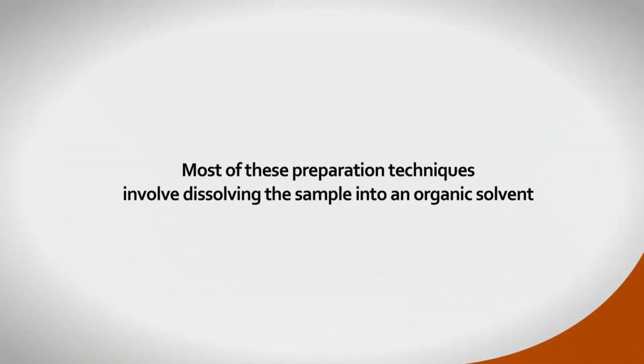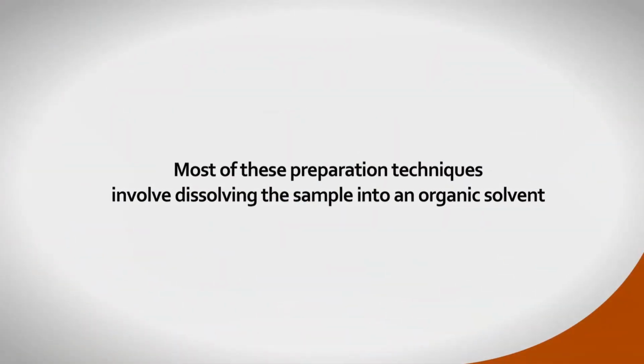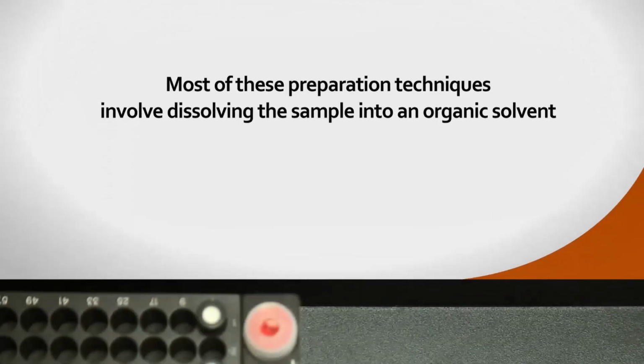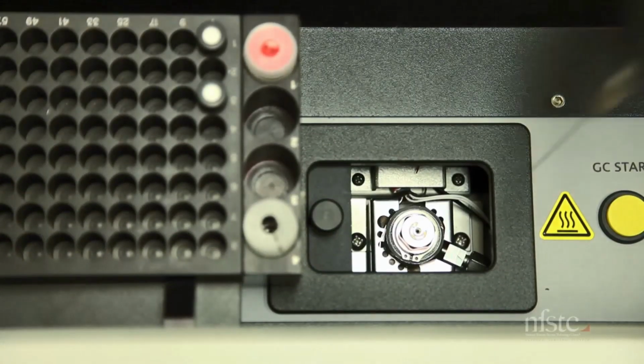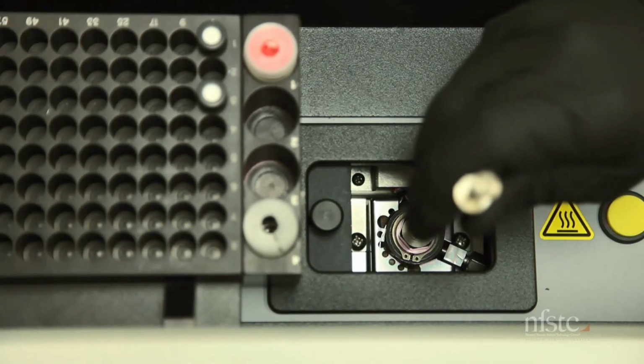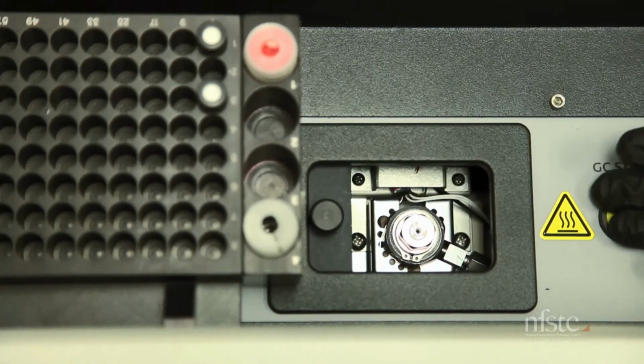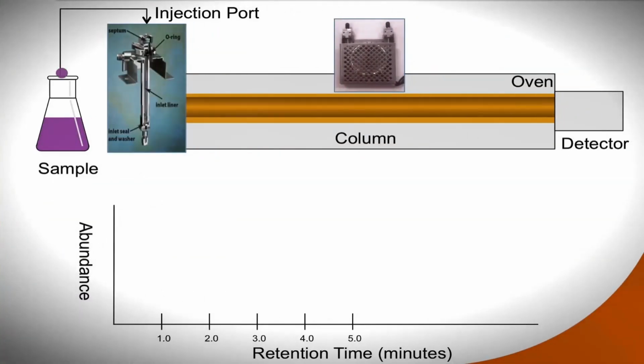Most of these preparation techniques involve dissolving the sample into an organic solvent. After sample preparation, a microliter amount of the prepared liquid sample is injected into the injection port of the GC device, where it's immediately volatilized and mixed with a carrier gas. This gas serves to move or push the solutes forward down the capillary column in what is known as the mobile phase.